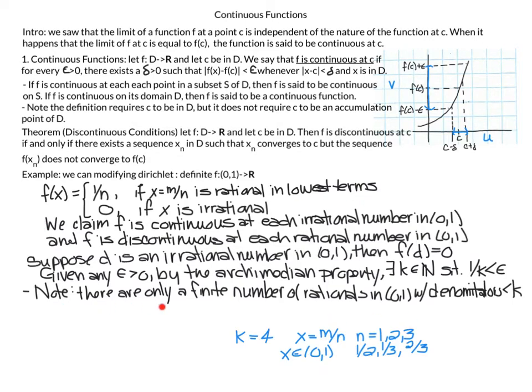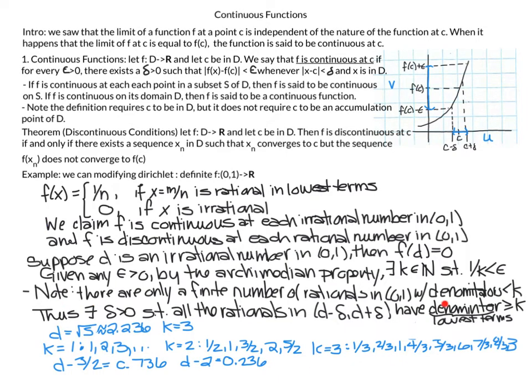An example of this last note: if we're looking at rational numbers of the form x equals m over n, and we want the denominator less than k, let's say k is equal to 4. Then our denominator can be 1, 2, or 3. And remember, x is in the interval 0 to 1. Then our only rational numbers with denominator 1, 2, and 3 are 1/2, 1/3, and 2/3, because we have to stay less than 1.